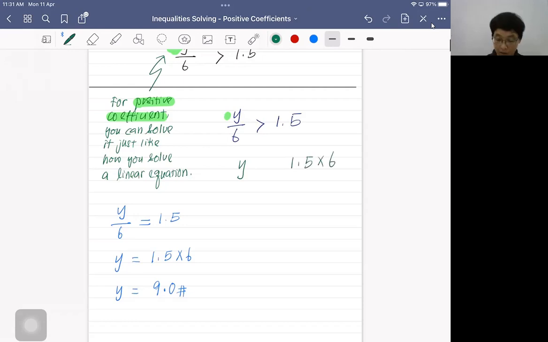The sign, let me just emphasize, you will just copy and paste exactly the same. Nothing changed in this area. So you're going to get y must be something bigger than 9.0 in order to produce a true statement for this question. And therefore, y must be any value bigger than 9.